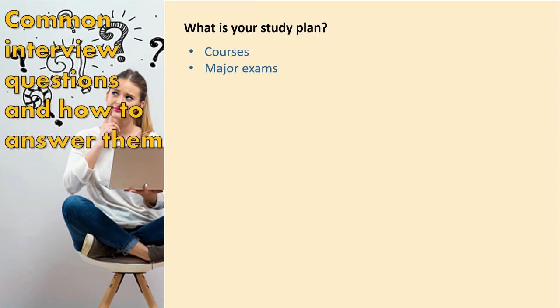You can talk about major milestones in form of exams that must be reached before you finish your program, or major events that are important to your progress during your study. These are things you can talk about when responding to this type of question.